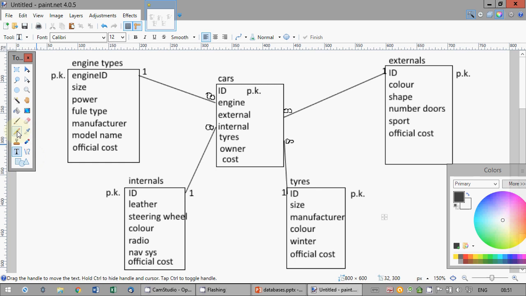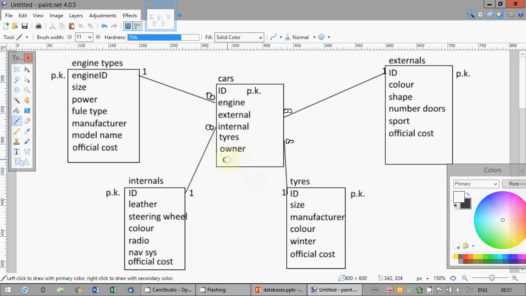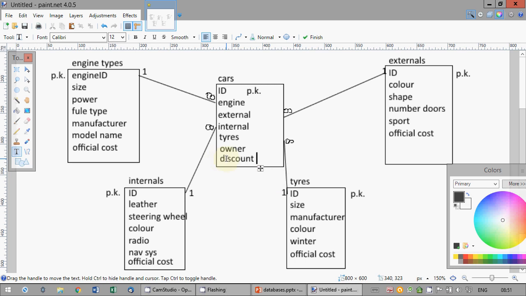Another alternative could be, and this is, I think, a good alternative, to write here a discount percentage. So the cost is calculated as the sum of the 4 costs, and then a discount percentage is applied, and this makes perfect sense.